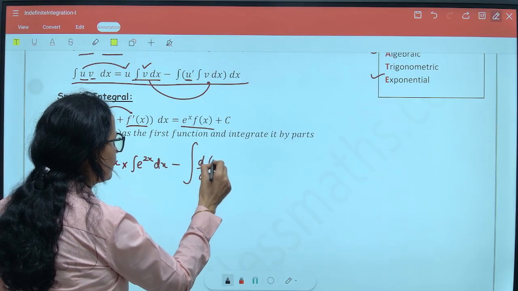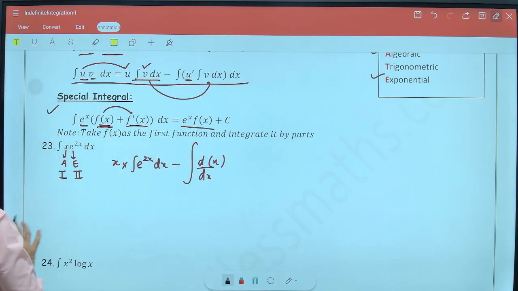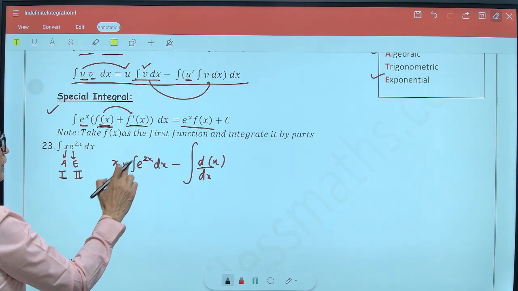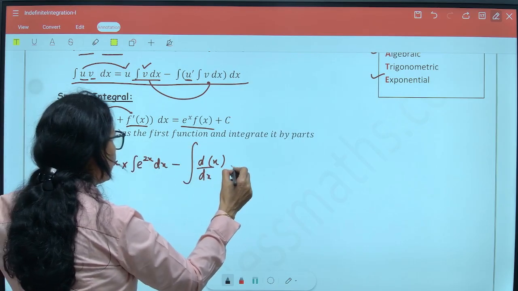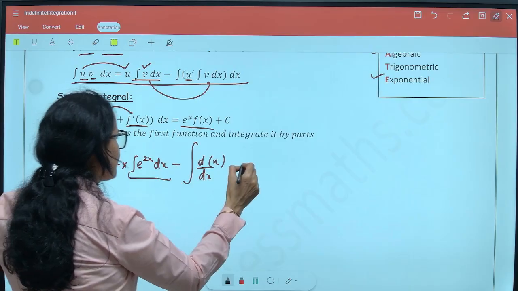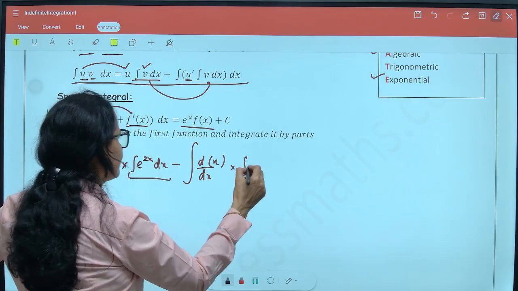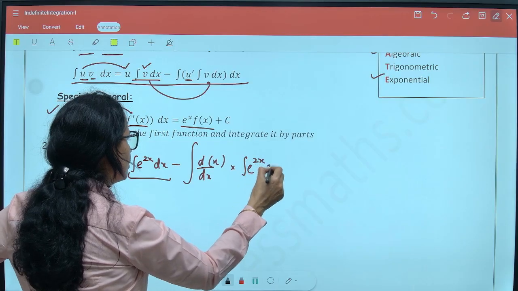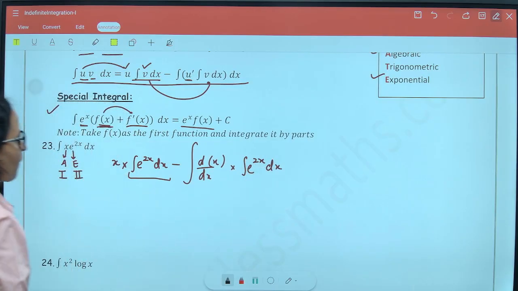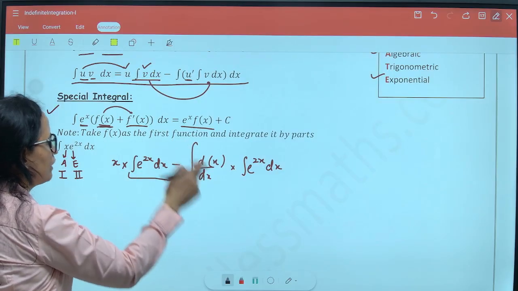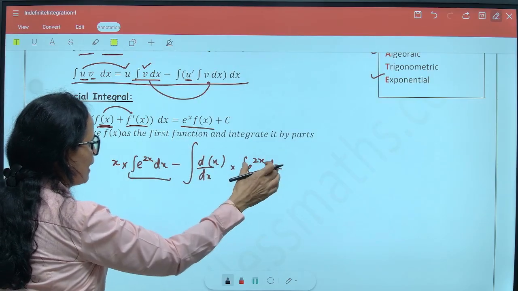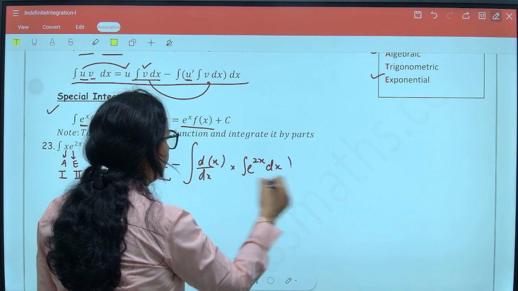I am not solving it yet, just writing as per the form for integration by parts: first function into integral of second minus integral of derivative of first into integral of second. Write it with the smaller integral sign so that you don't get confused. So this is what we need to do.